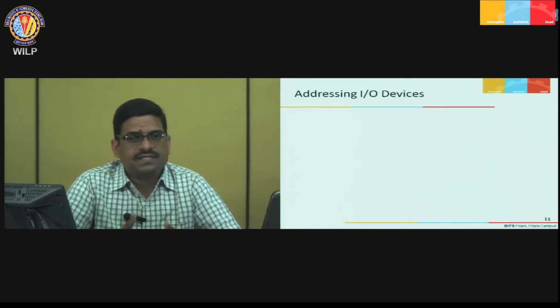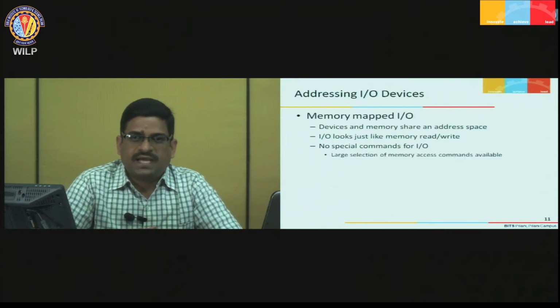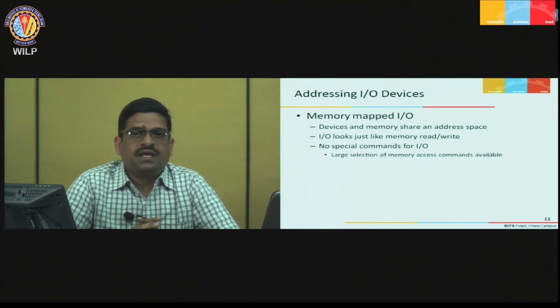Similarly, for the IO devices we also need some unique identifier, which is also like an address. There are two mechanisms. One is memory mapped IO, meaning devices and memory share a common address space.